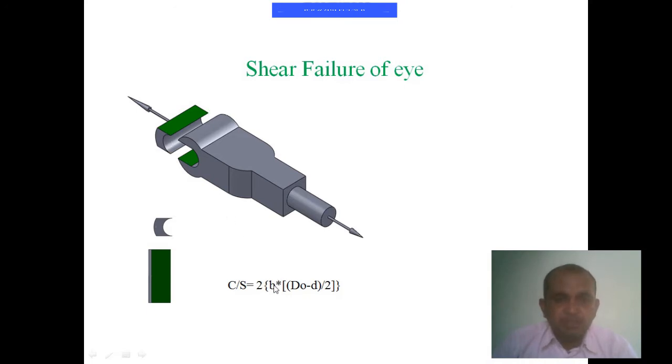The typical cross section area is B into (D0 minus d) divided by 2 for one surface, and for the two surfaces you multiply by 2. Then you can find the shear stress. Tau is equal to force applied per cross section area. So you can use this to find the shear failure in the eye.